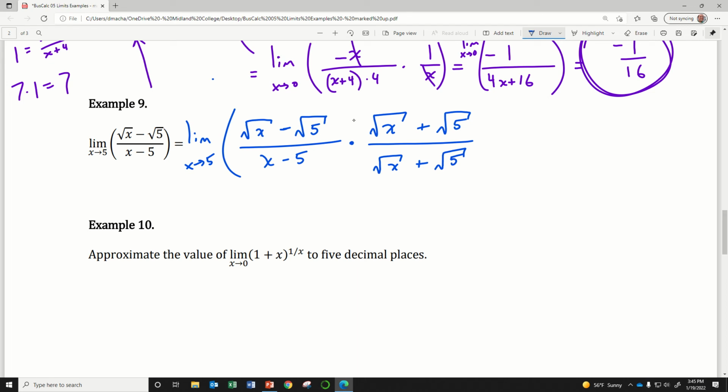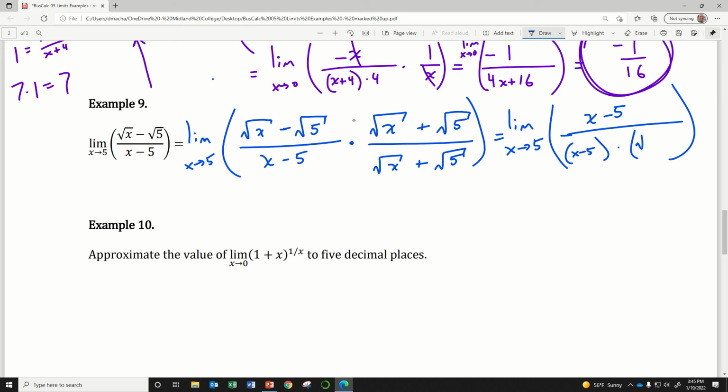And when I do this, my numerator is going to become x minus 5, and in my denominator, I have x minus 5 times root x plus root 5.